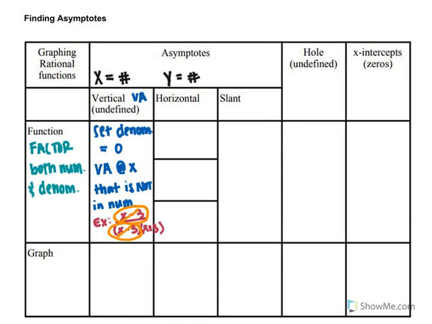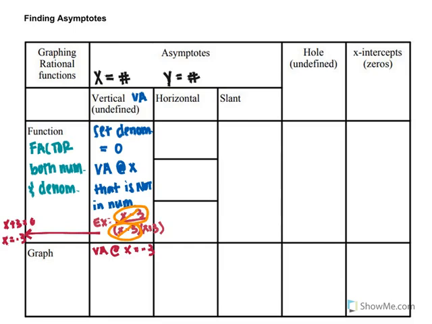Instead, since x plus 3 is left over in the denominator, we would have a vertical asymptote at x equals negative 3. So I got that negative 3 by, remember, setting this equal to 0. So x plus 3 equals 0, and solving for x to get x equals negative 3. So that's what we mean by setting the denominator equal to 0.